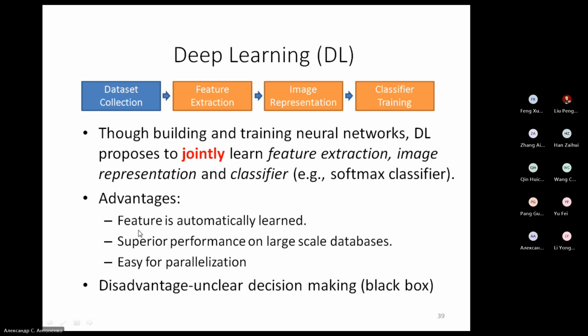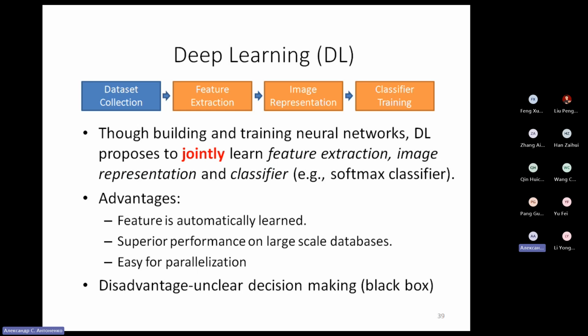But we have superior performance on large-scale databases. A disadvantage is that we have unclear decision-making, a black box. It works, but how it works, we don't know. So this is deep learning.